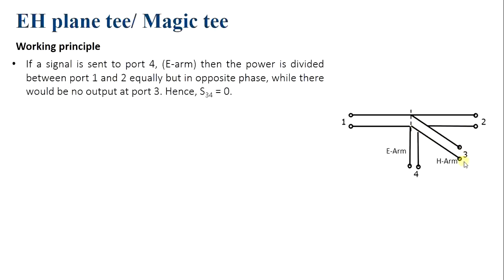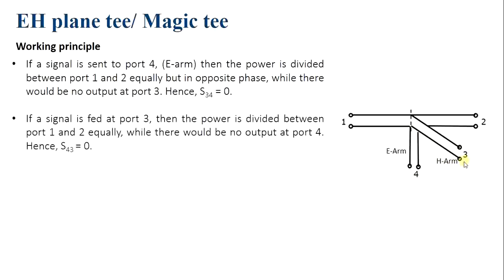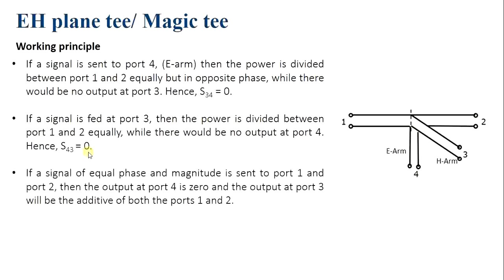Hence we can write S34 equal to 0. Similarly, if power is fed at this port 3, then the power gets divided into port 1 and port 2, while there will be no output at the port 4. So we can write S43 equal to 0.